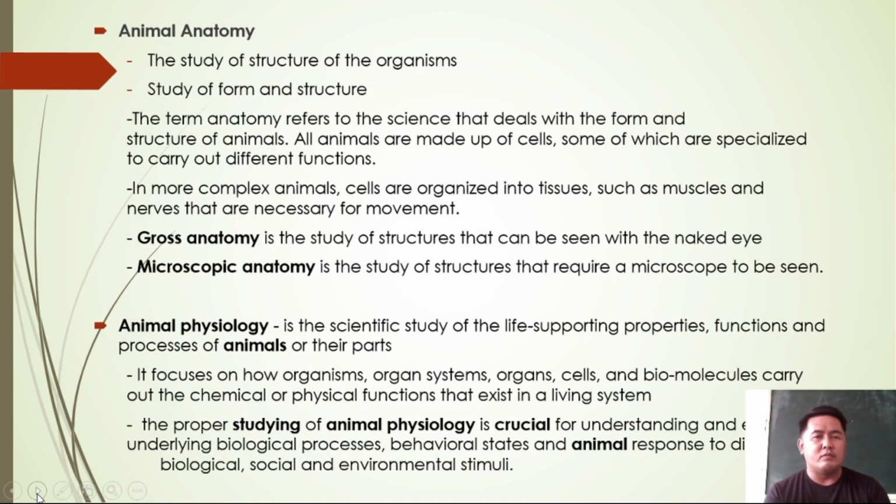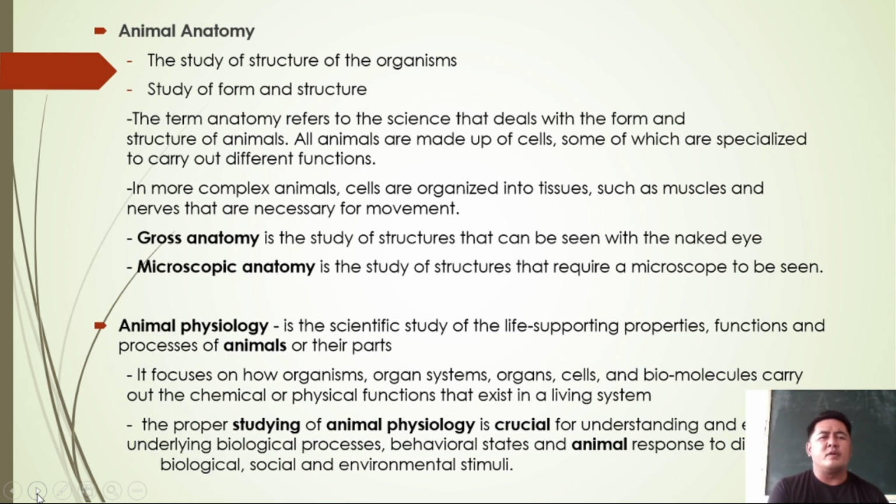Okay, so we'll start. I have here the definition of animal anatomy. The animal anatomy is the study of the structure of organisms. Study of form and structure, that is, the form or posture of the animal.